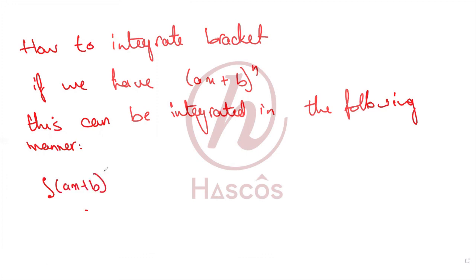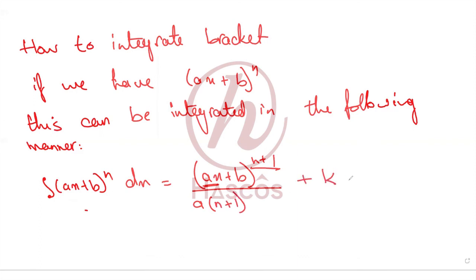Ax plus b to the power of n dx integrates to ax plus b to the power n plus 1, over the coefficient of x, which is a, being multiplied with the power of the bracket plus 1, and then that added to the integration constant.